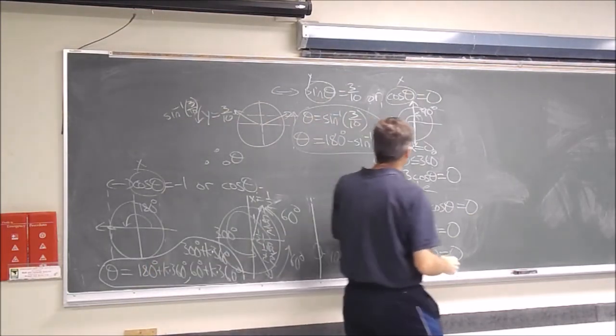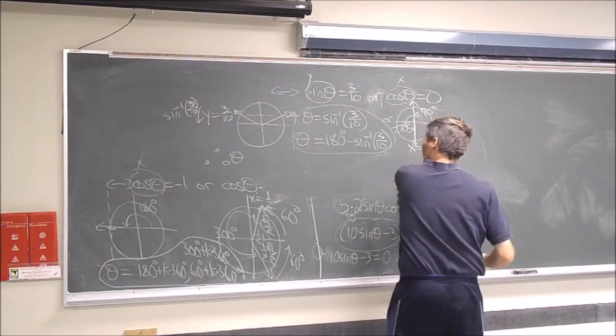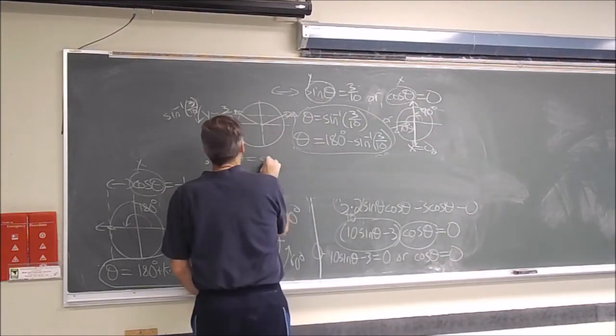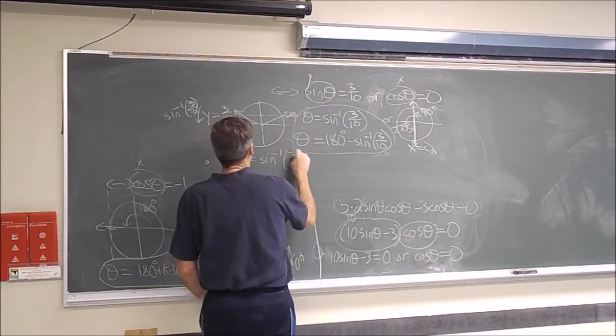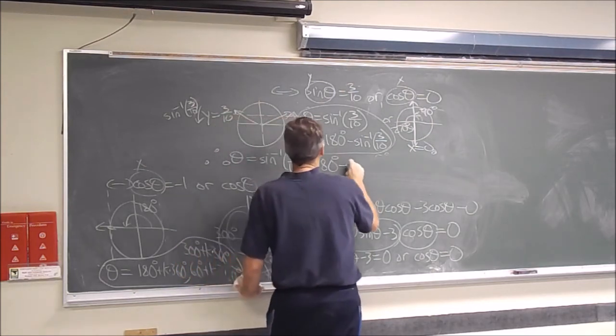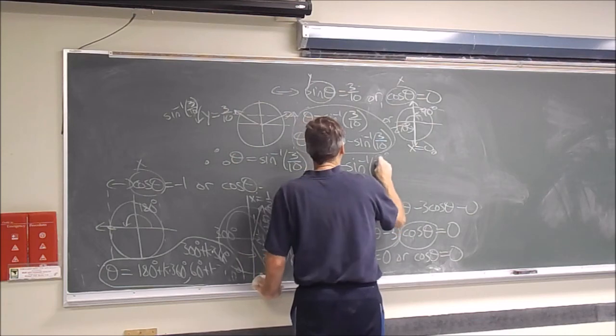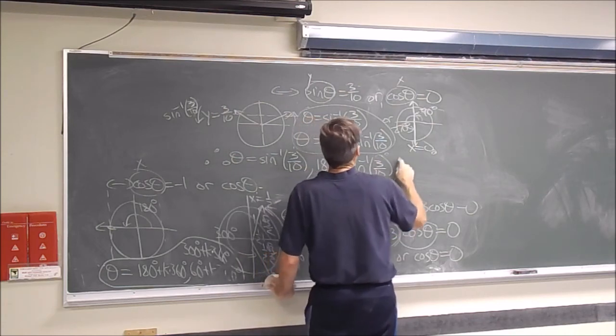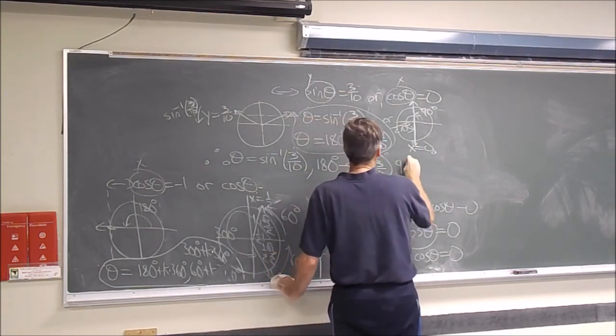Let me get rid of the original problem. It's getting in the way. Theta could be the arc sine of 3/10. It could be 180 minus the arc sine of 3/10. It could be 90 degrees.